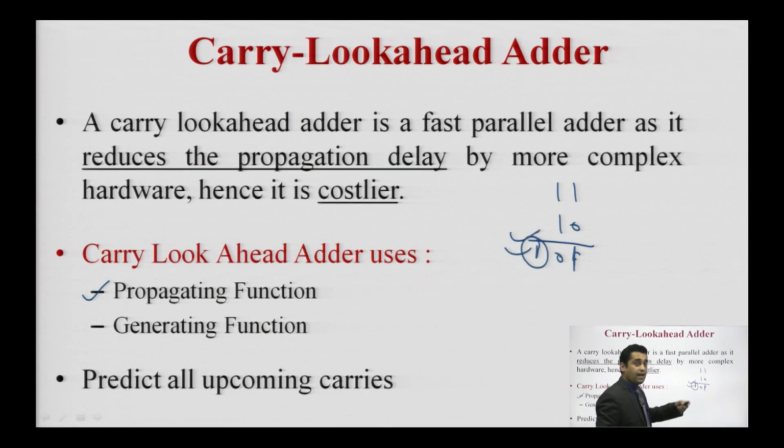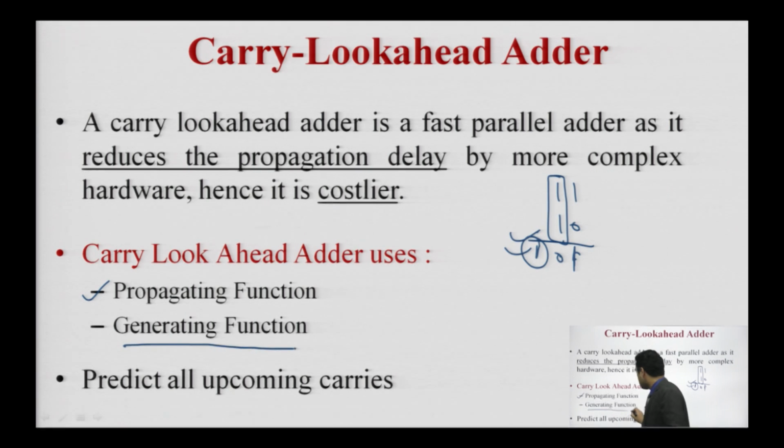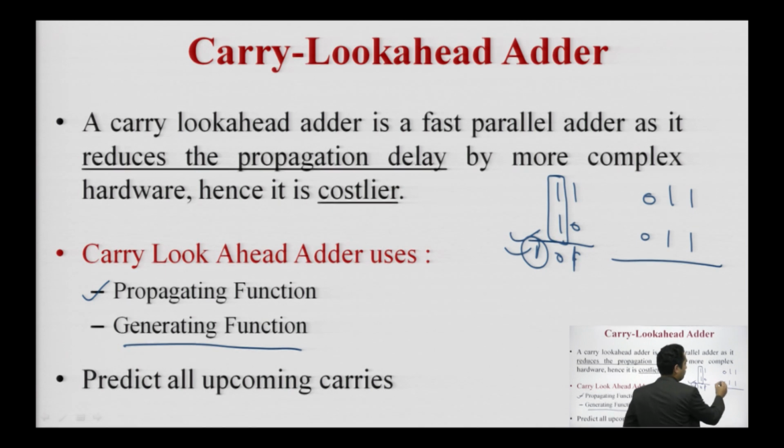So the carry is generated at this point. So the function which is used at this point is my generating function. And there is one more thing here which I am using, like take another example 0 1 1 1 1 0 1.